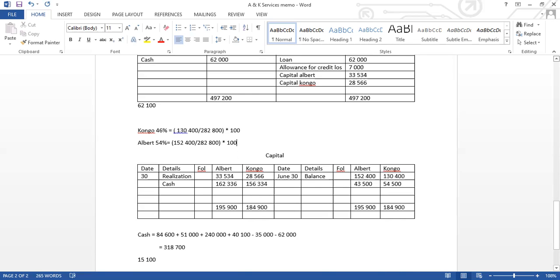So let's go on to the capital account. In the capital account, we have the balances as at 30 June: Albert had 152,400 and Congo has 130,400.